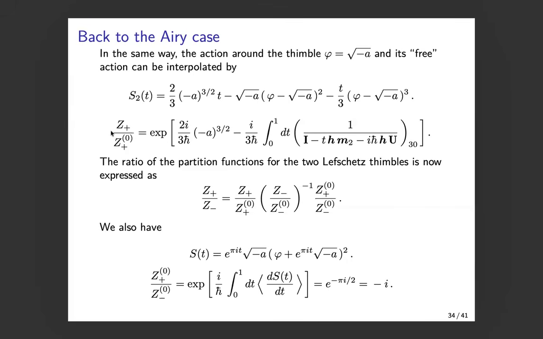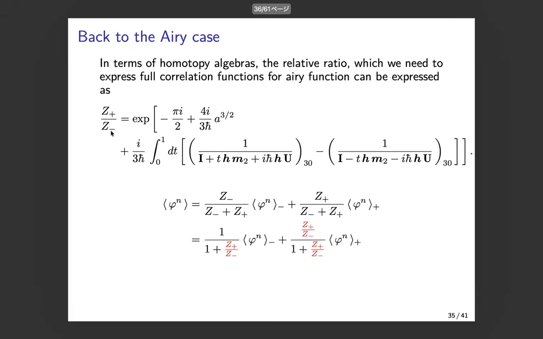So we know this part and this part, and we additionally need this part, and we can consider this interpolation similarly, and we obtain the constant term. So combining these results, the relative ratio Z plus over Z minus can be closely written in terms of homotopy algebra.